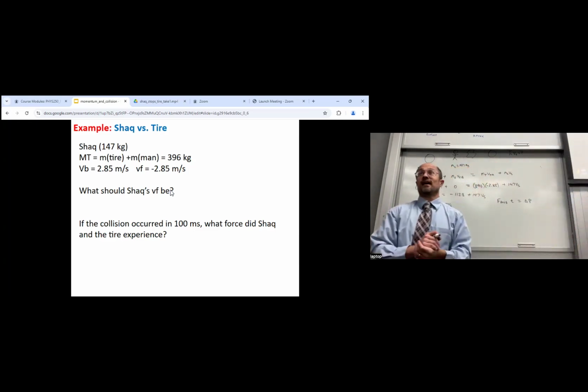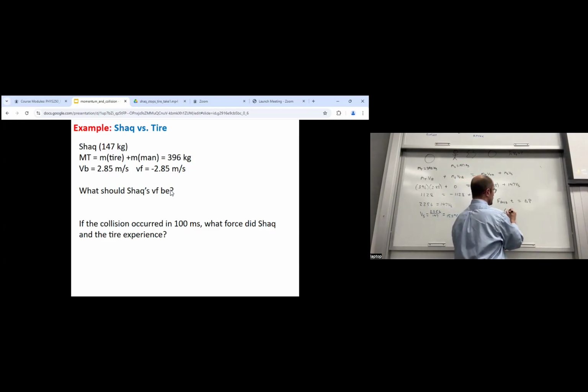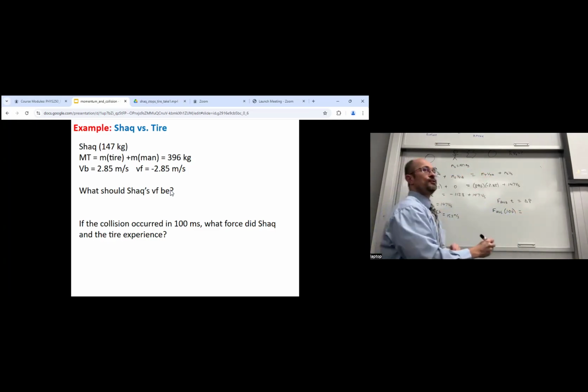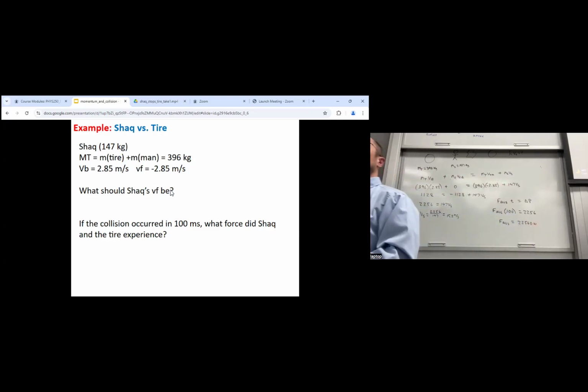It's about 100 milliseconds. All right. So the force between Shaq and the tire times 0.100 equals 2,256. And so the average force between Shaq and the tire is 22,560 newtons.